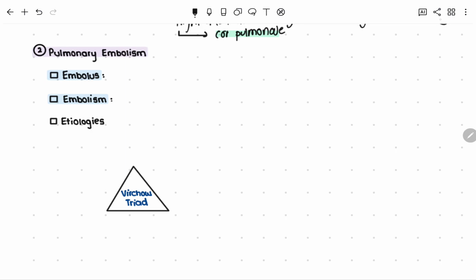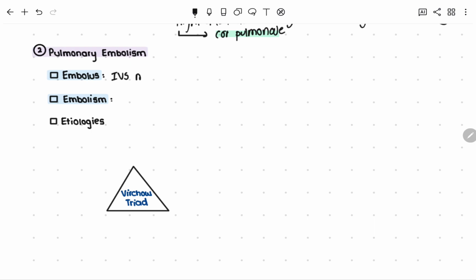Now, coming to pulmonary embolism, you firstly need to be able to define and rather differentiate between an embolus and an embolism, because these are two different entities that we need to discuss. So as far as definitions go, an embolus is basically an intravascular mass that is carried by the blood from point of origin to a distant site.